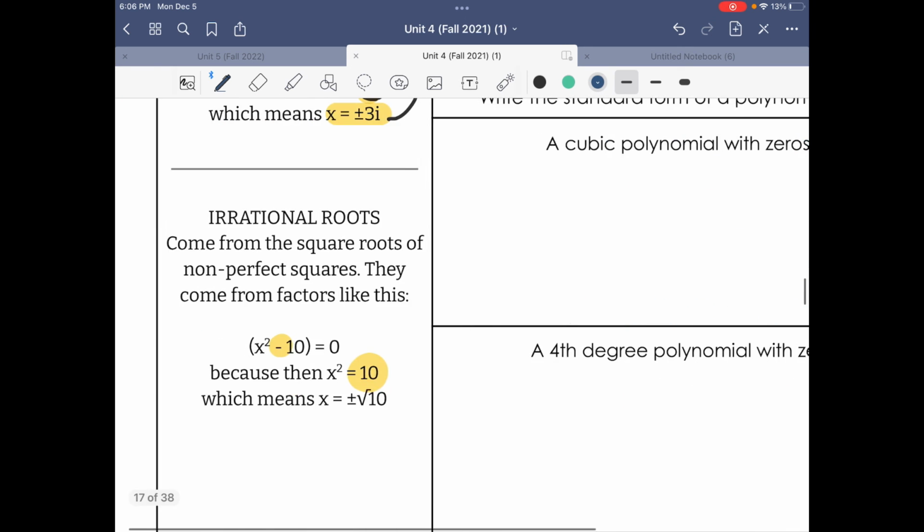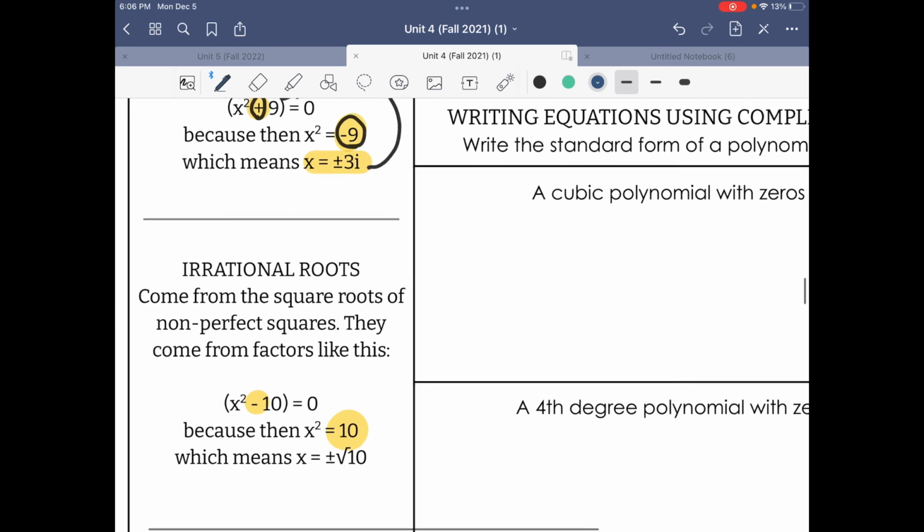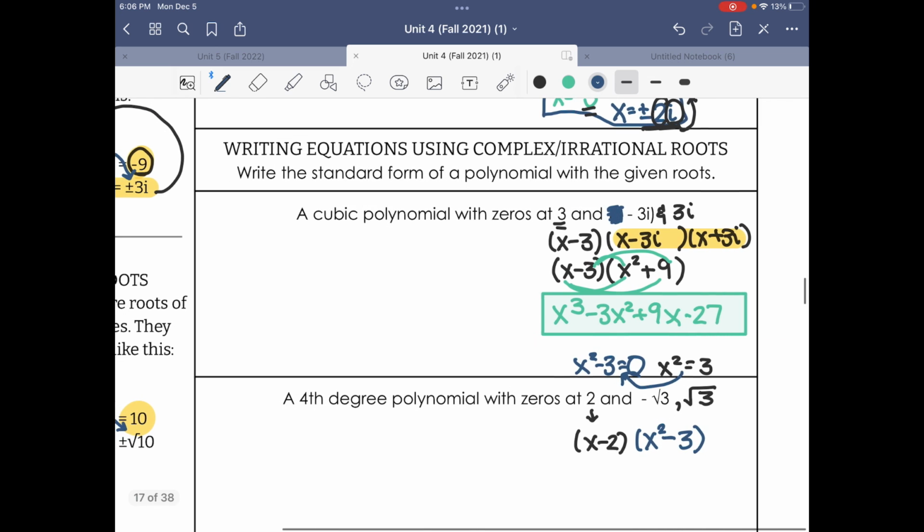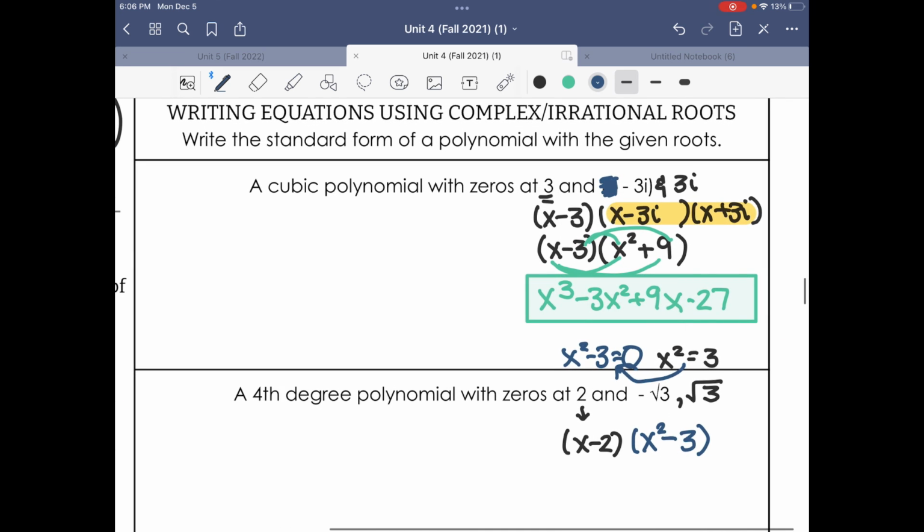Again, just like I talked about over here, if it was originally x squared plus, it ends up subtracting and turning into an i because of the negative. If it was a negative already, it ends up adding to the other side, leaving you with the square root of a positive number, so it doesn't need an i. So x squared plus ends up turning into an i, x squared minus doesn't. And I could have done that on the last one as well.